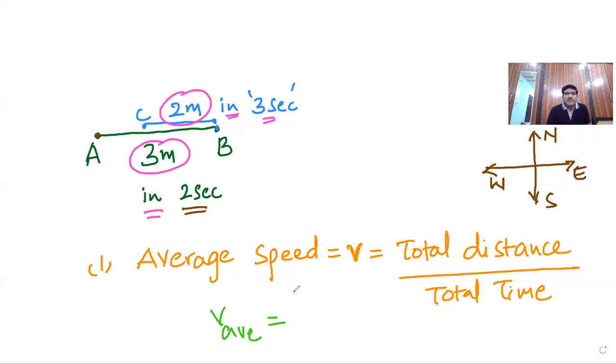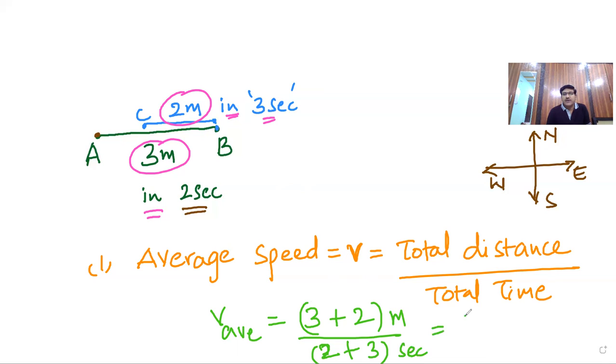First A to B, 3 meters, plus B to C, the reverse, 2 meters. That is the total distance. By total time: 3 meters covered in 2 seconds, and again 2 meters back covered in 3 seconds, so 2 seconds plus 3 seconds. All these are in meters and seconds.